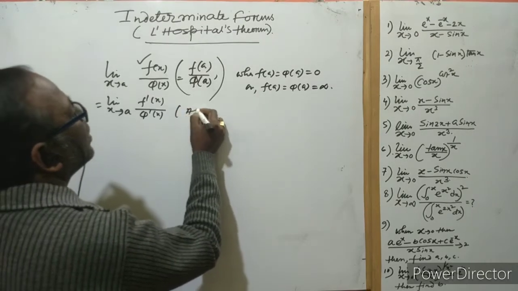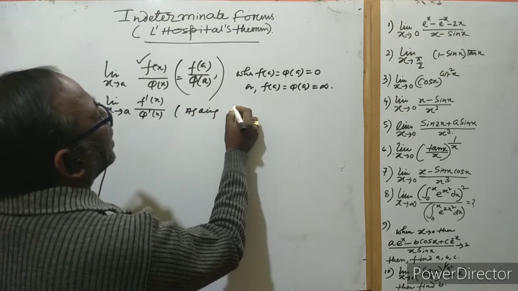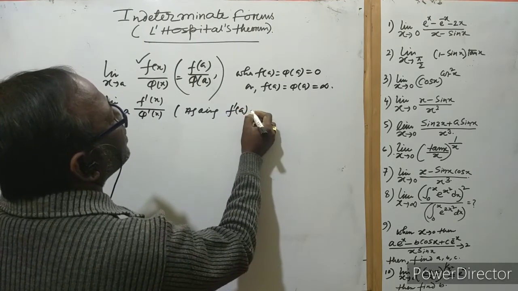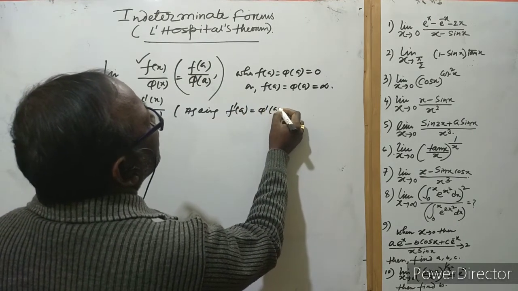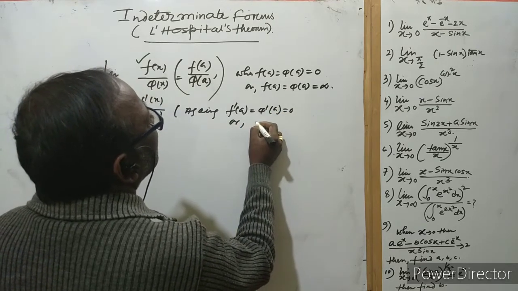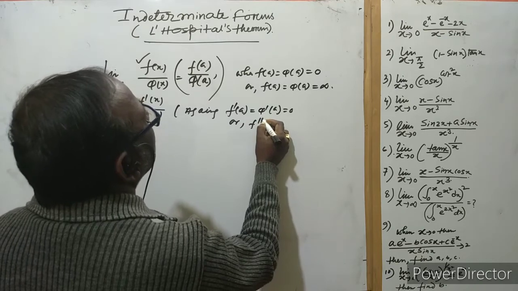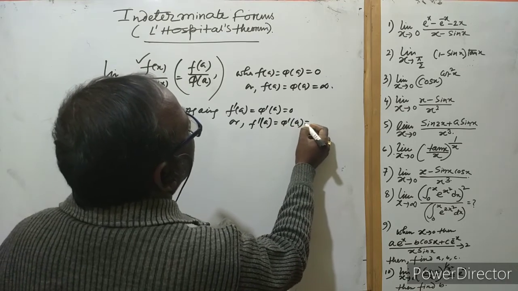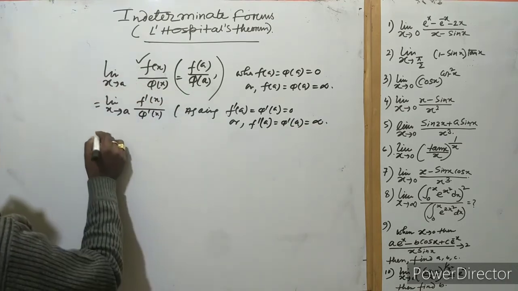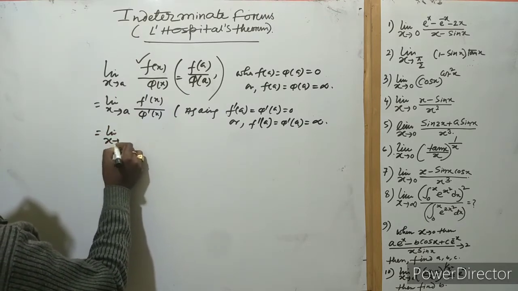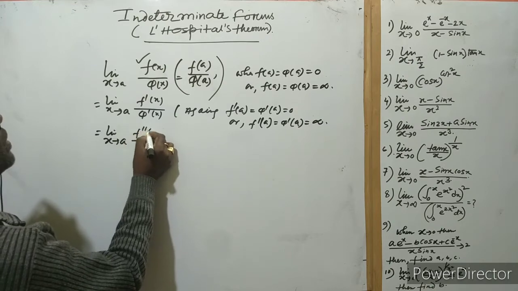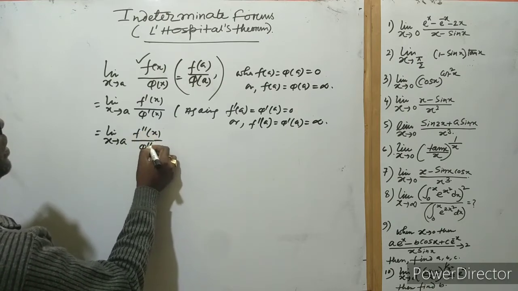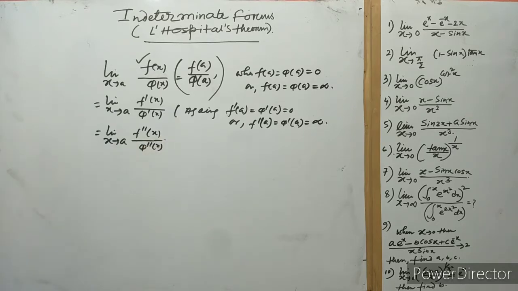Again, if f dash a and phi dash a are equal to 0, or equal to infinity, then we can apply differentiation again, f double dash, and proceed in this manner. Now some problems we have to solve.